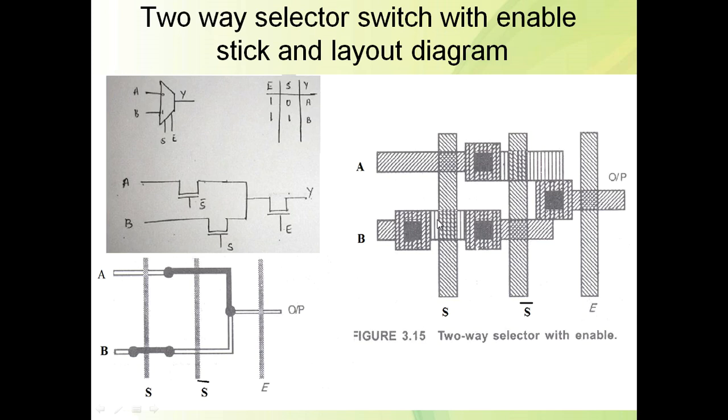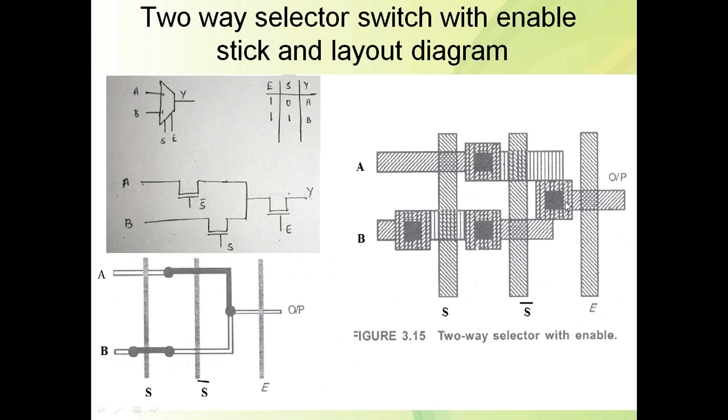We don't want a transistor here, we don't want a transistor here also, so there is a connection from this diffusion to this diffusion by using the metal one layer, and there is a contact cut between n diffusion and metal, and this is metal to n diffusion. Likewise here is a contact between n diffusion and metal, and metal to n diffusion.